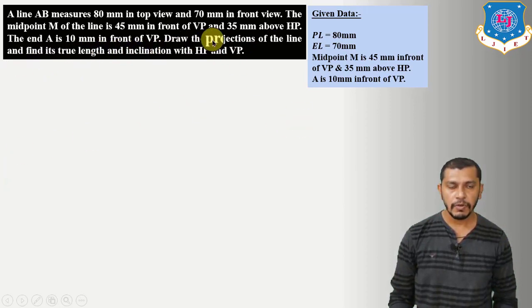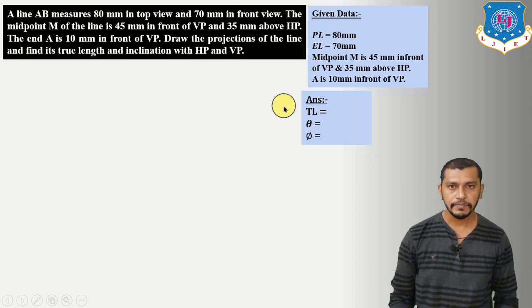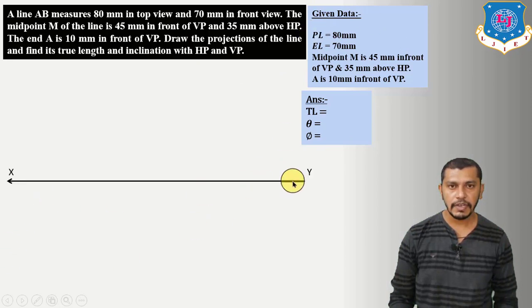So we have to draw the projection, that means we have to draw the plan and elevation length of the line, and we have to find out the true length of the line, TL, and inclination of the line with HP and VP, that means theta and phi. So let's try to solve this example by using this particular data. So first of all, draw XY reference line.